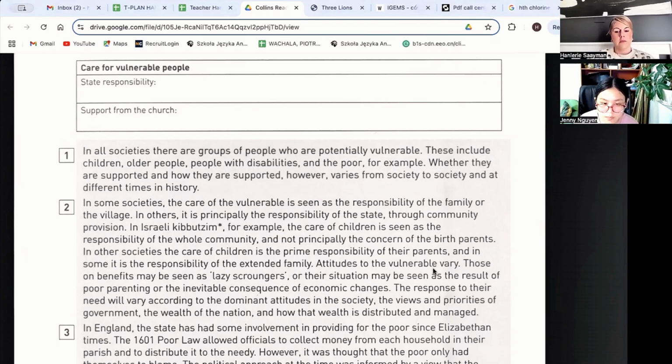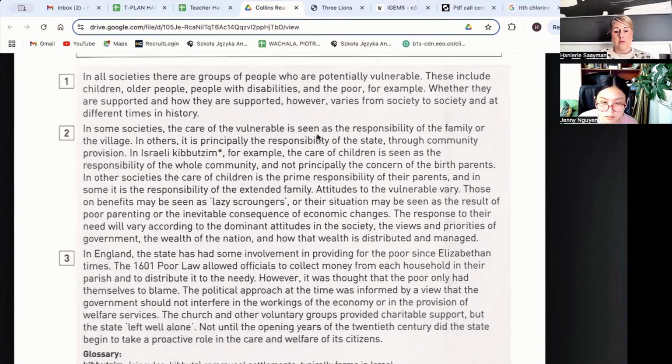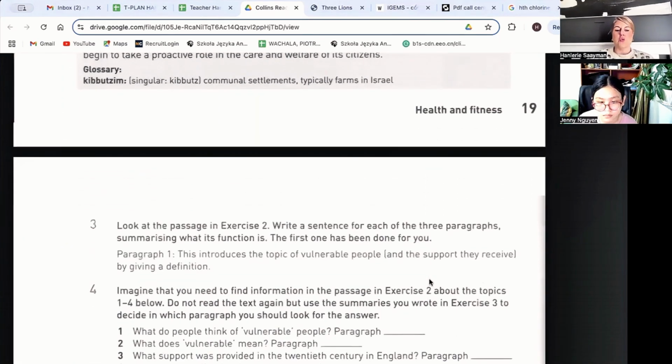And for other people, it's the responsibility of their parents. And what support did they get from the church? Maybe some societies will just give some important stuff for the needy and give some food. Okay, well done, Jenny. That was really good.